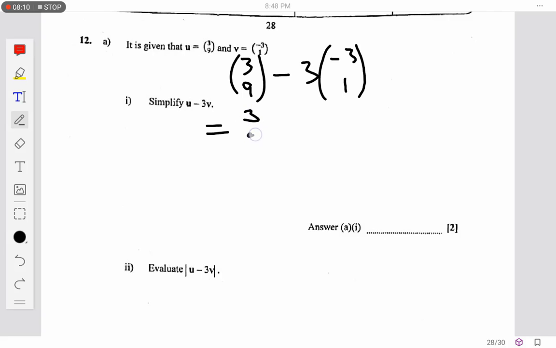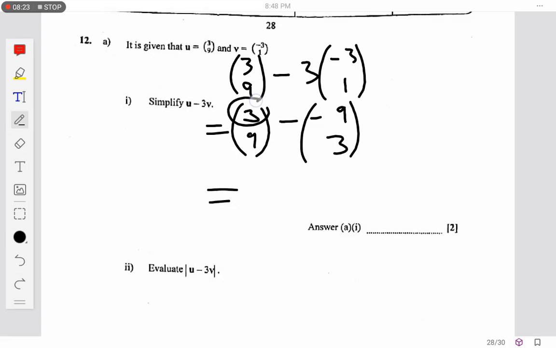It's going to be (3, 9) minus (3, 9) there. Now let's subtract and add. 3 minus negative 9 is going to be 3 plus 9, so we get a 12 there. Then the other one is 9 minus 3, we get a 6. So this is our answer.